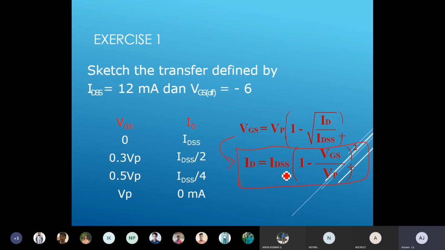Just take ID here, if IDSS goes to the denominator, the equation will become ID divided by IDSS is equal to the remaining equation, 1 minus VGS divided by VP the whole square.